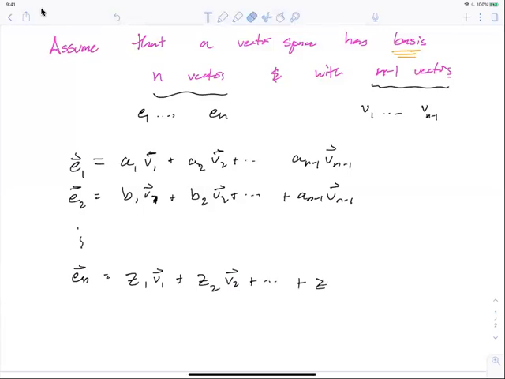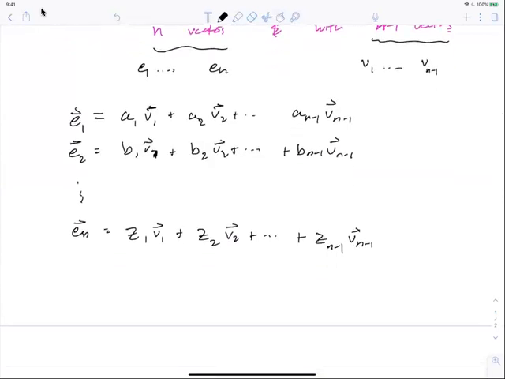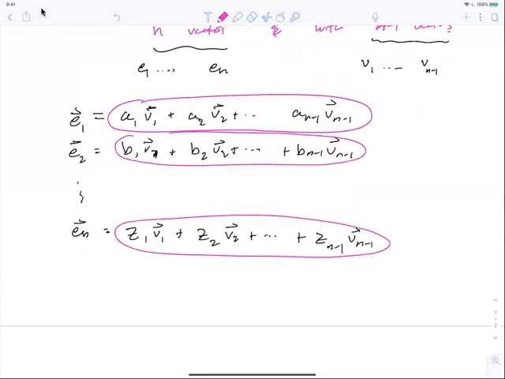Oh, that should be a B. All right, so one important thing to keep in mind is that this may seem very abstract, but I want to point out that this form, we can write all of these as a vector matrix. So the V's are vectors, but the A's, B's, and Z's are just scalars.